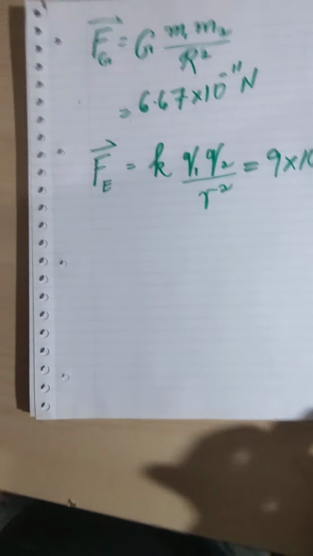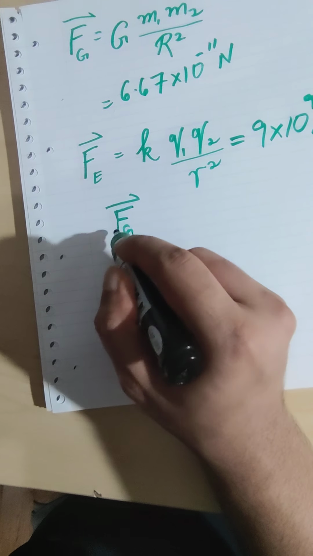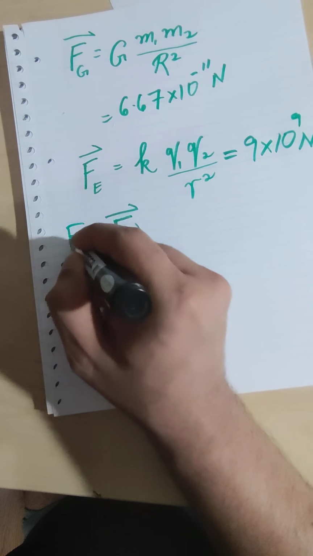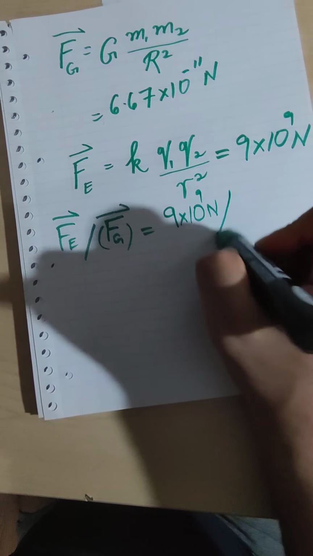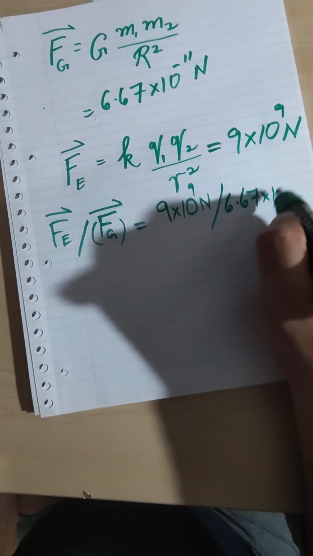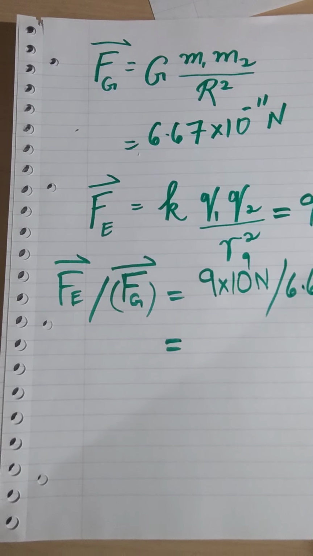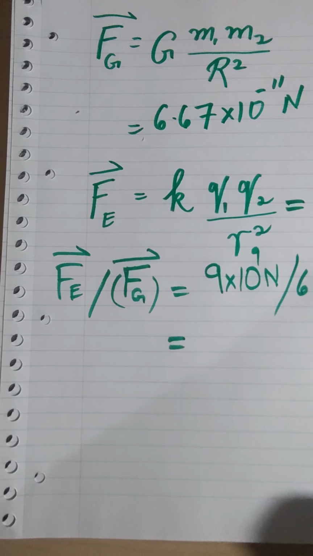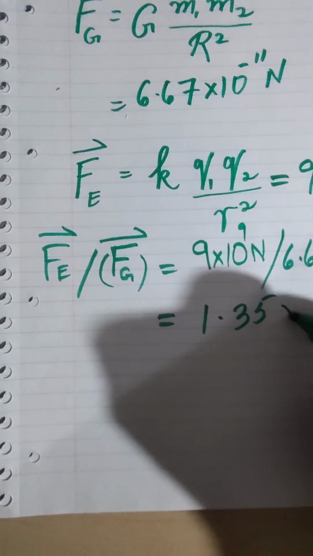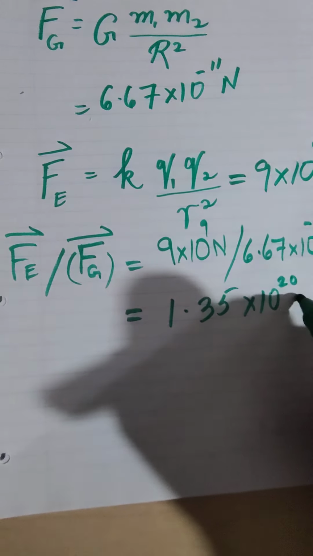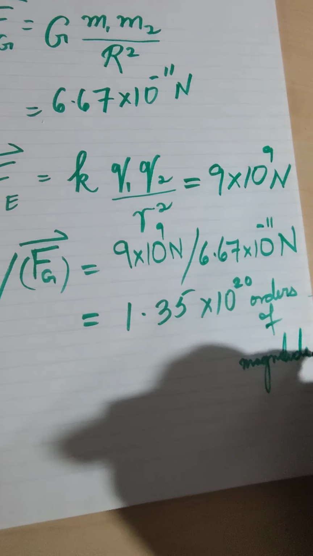If we divide, we get 1.35 times 10 to the power 20, orders of magnitude.